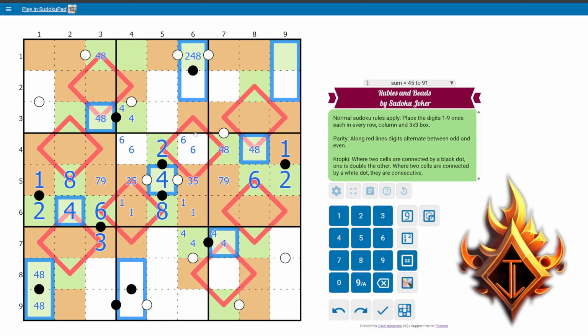I guess that would be okay. That would be 8 though, so that would be the other 7, 9. Although, would that break this though?